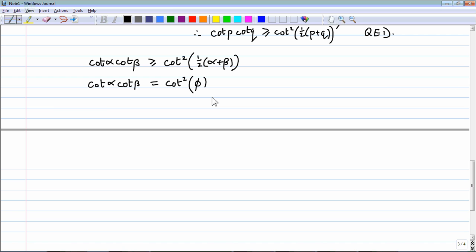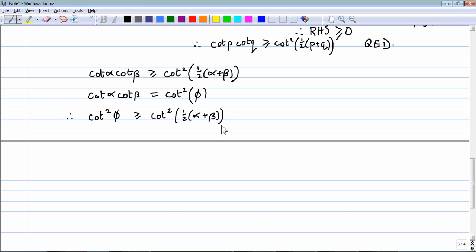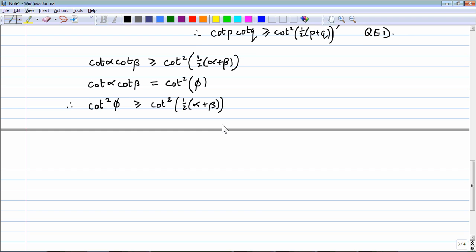So therefore cotangent squared of phi is greater than or equal to cotangent squared of half alpha plus beta. Now we notice here that the arguments to the cotangent on both sides are acute, and they're between 0 and pi over 2.